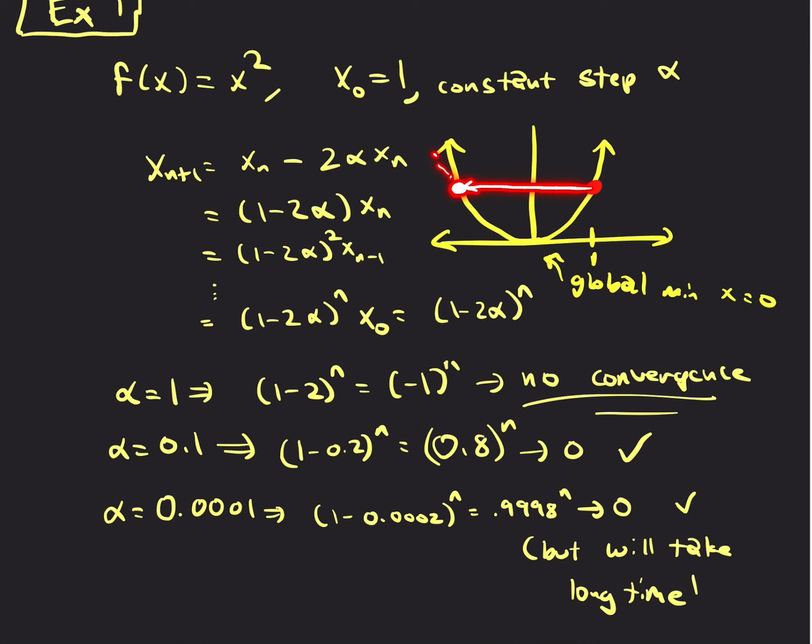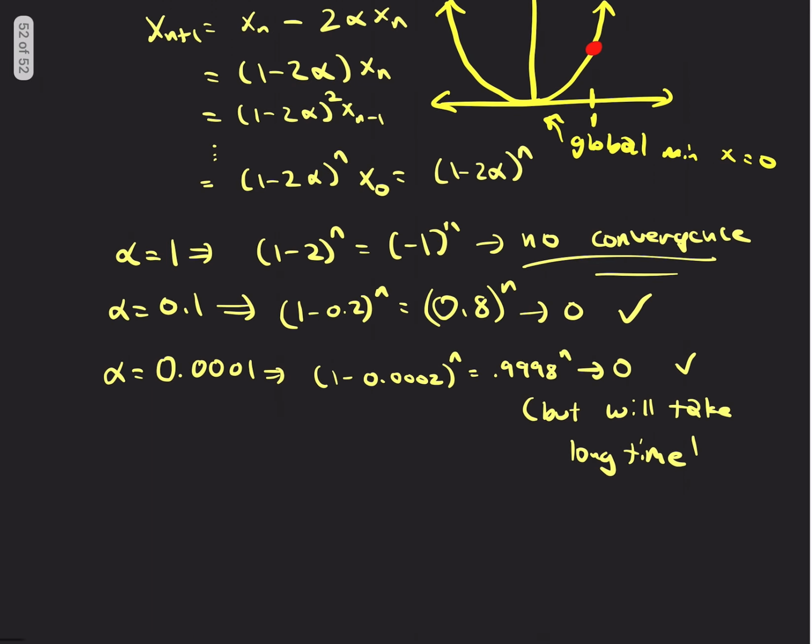And now we have a negative slope, so we want to move in the positive direction. We take this point, and we step right back to where we were, and there's no descent. We're always at f of x equals 1, and so we don't converge to a minimum here.